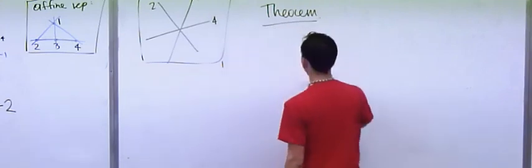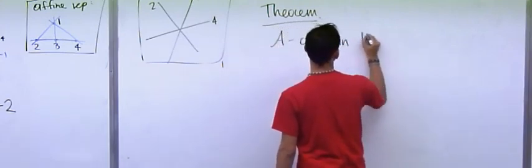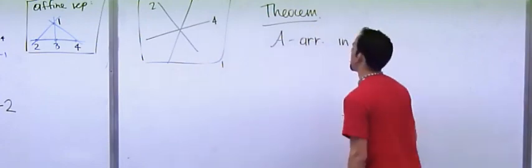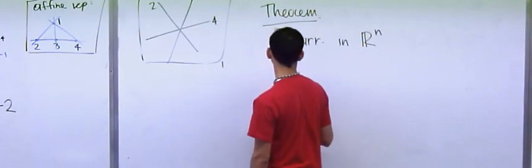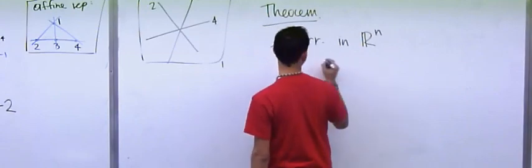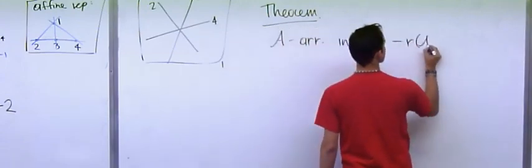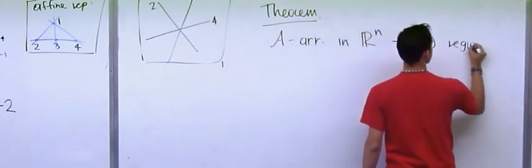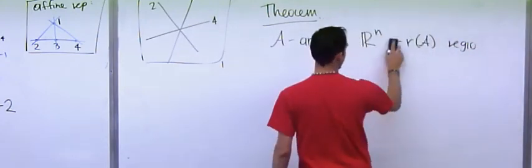Fortunately, we don't have to do any of this. So let's say you have an arrangement in Rn. Let's say that it cuts up space into regions.